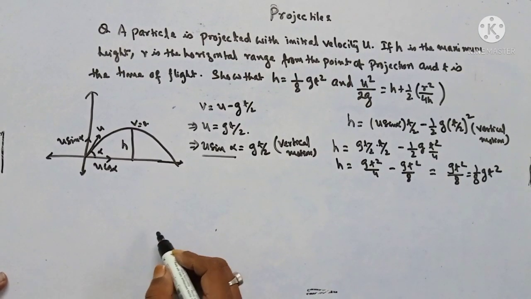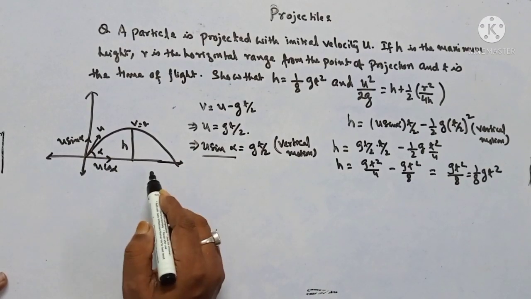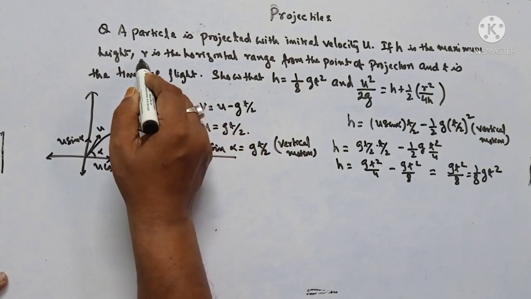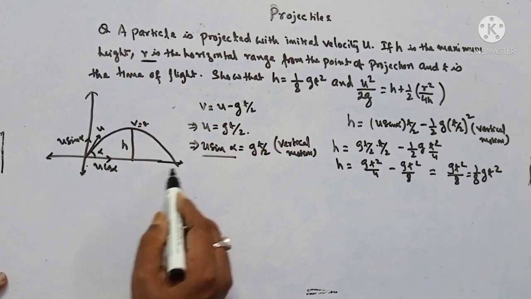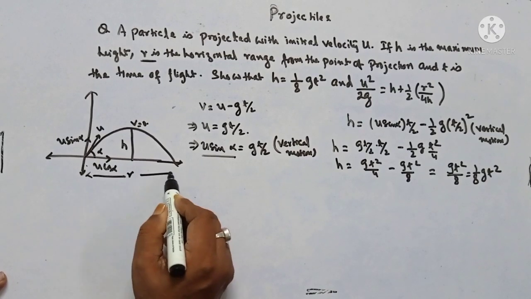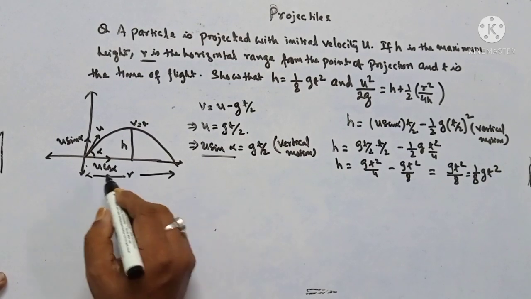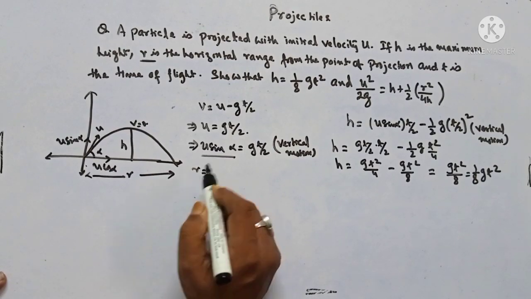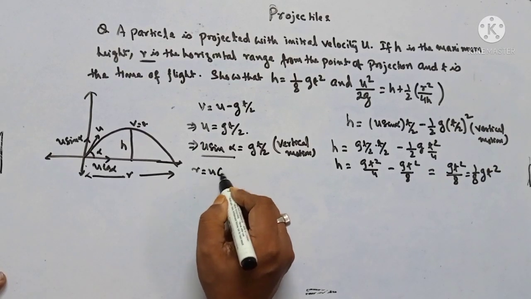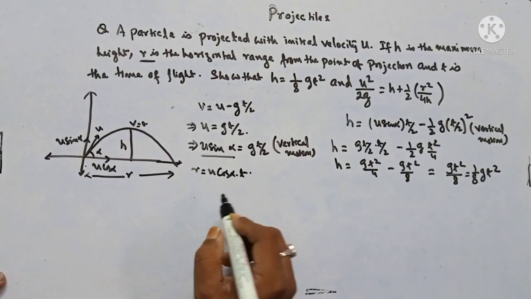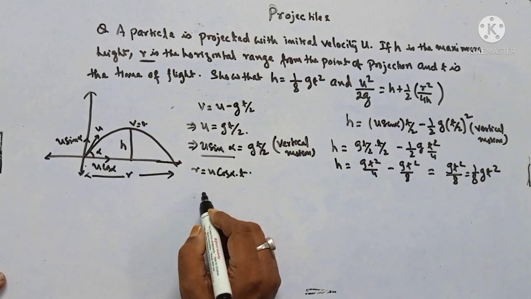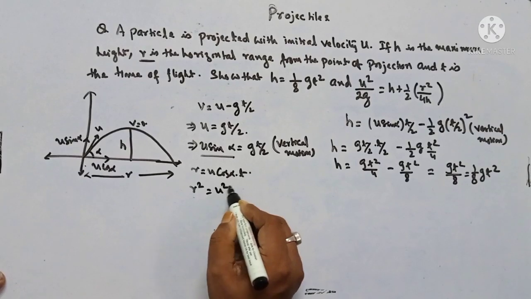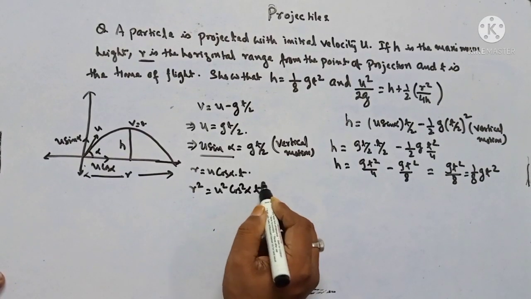Now again, here the time of flight is given to us, and the range is also given. R is the horizontal range, from here to here distance. This is R, the horizontal range, given to you. So your R will be equal to u cos alpha into T. Squaring both sides, R square is equal to u square cos square alpha T square.